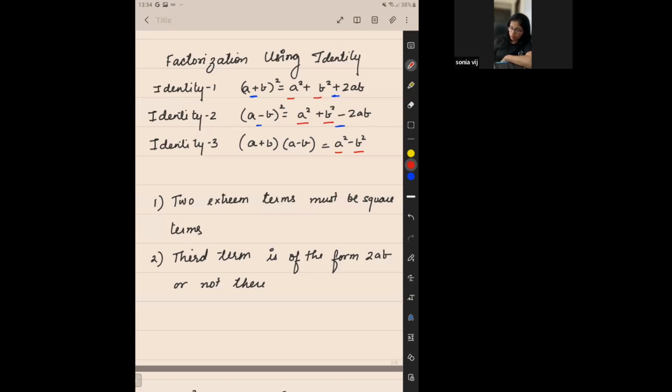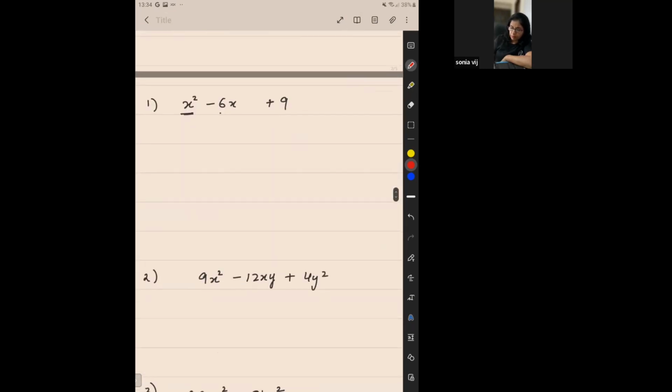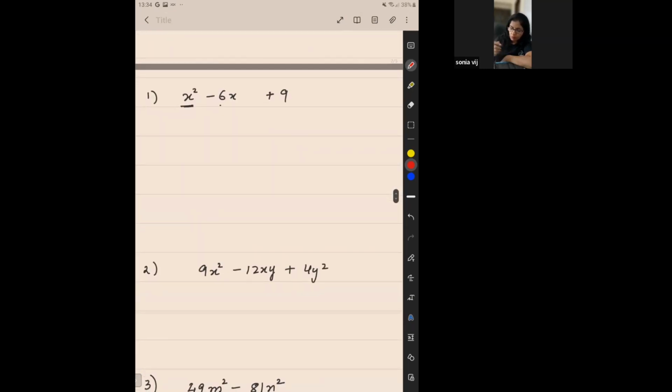Let's understand what I am explaining with the help of an example. Suppose this is the question. So I understand x square is a square of x, 9 is a square of 3, and 2 into x into 3 is 6x. So that means I can see the identity here, a square minus 2ab plus b square, which is equal to (a minus b) whole square.